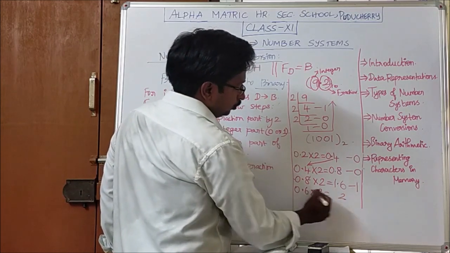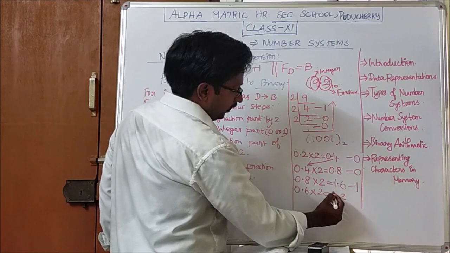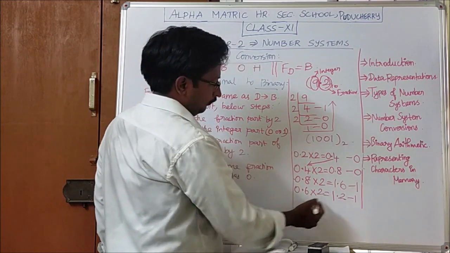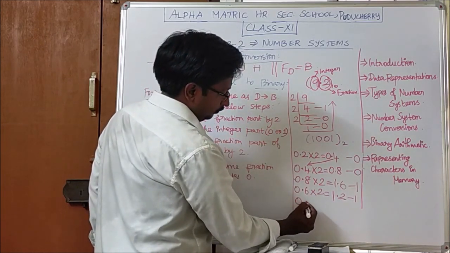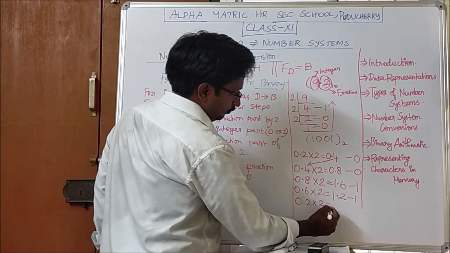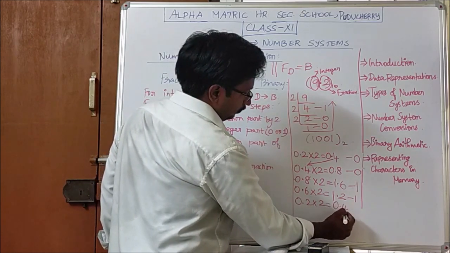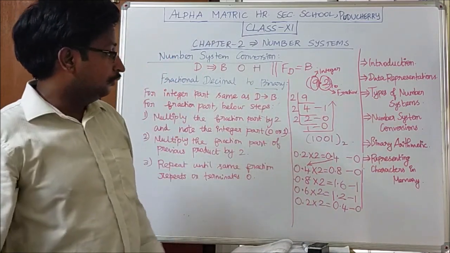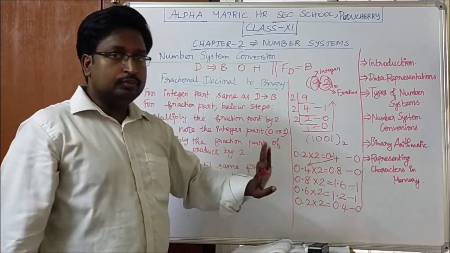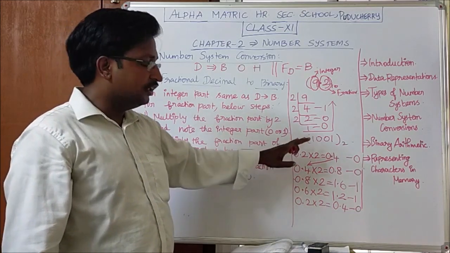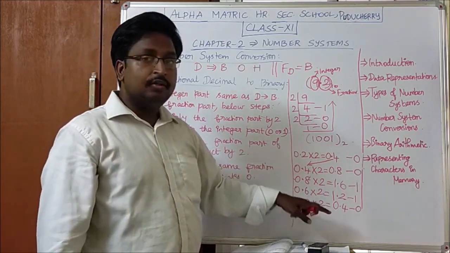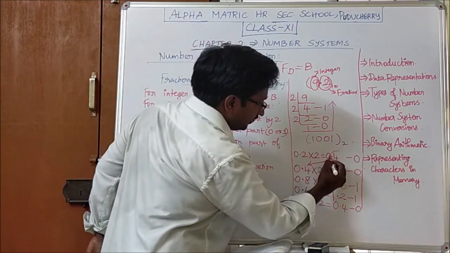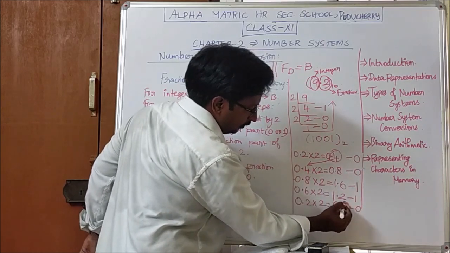Again 2, the one goes here, 1.2. So we have to do the multiplication continuously, repeatedly, until we get the fraction part again.